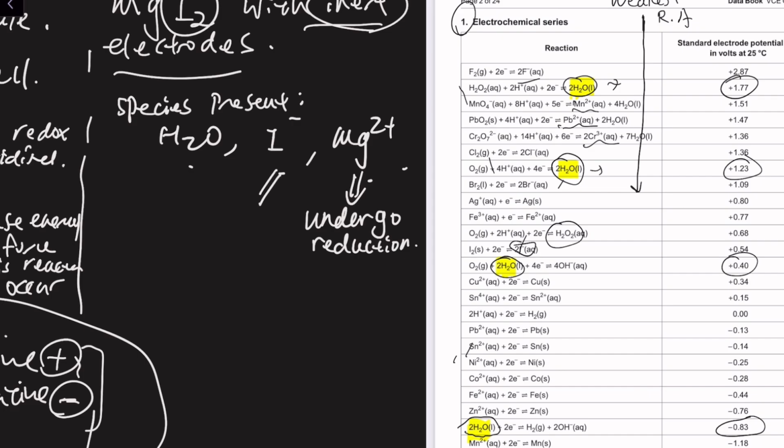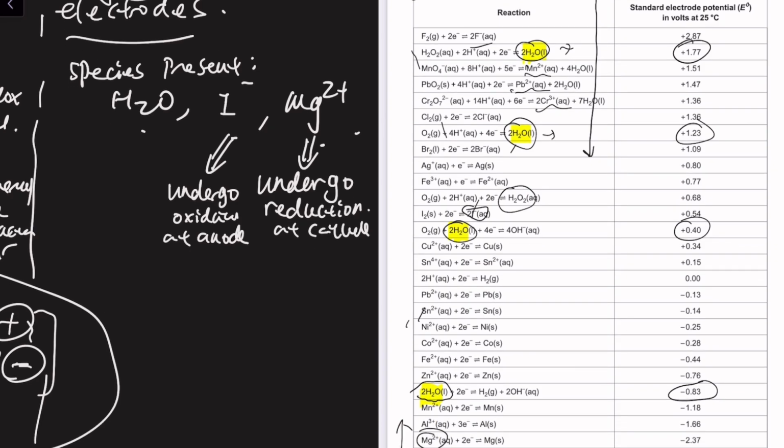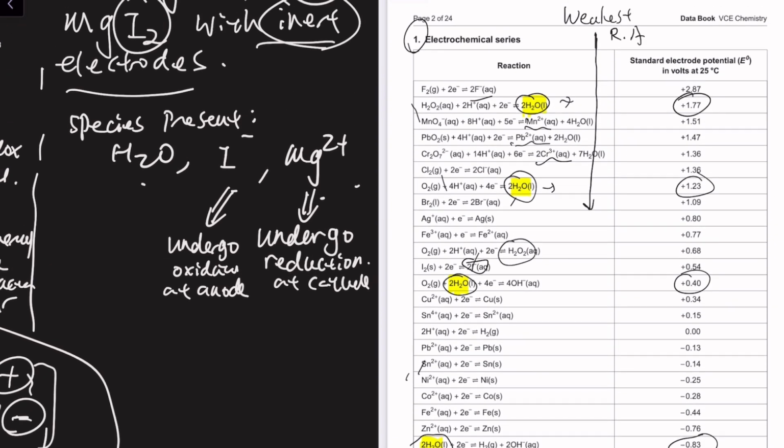And the I- ion, it can undergo oxidation at anode. And water, as you can see, is appearing on the right-hand side and left-hand side simultaneously. So it can undergo both reactions.